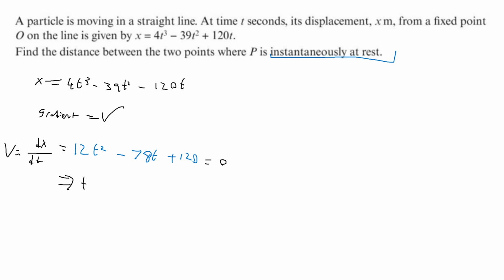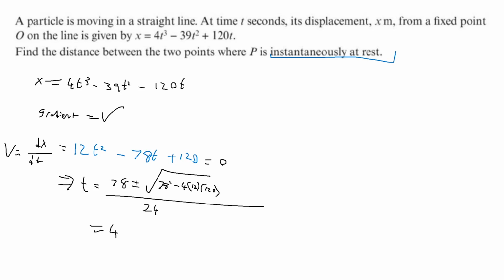Let's just do this the old-fashioned way. t is equal to 78 plus or minus the square root of 78 squared minus 4 times 12 times 120, all divided by 24. So if you plug that all into your calculator, we're going to get an answer of t equals 4 and t equals 5 over 2.